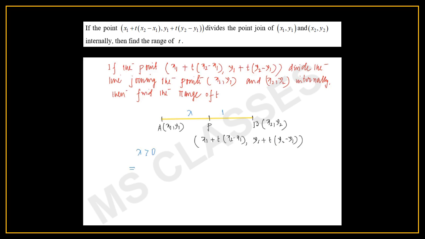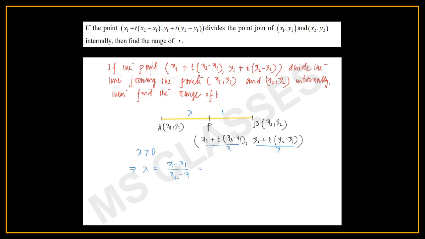So at first we find lambda. We consider this whole abscissa as x and this whole ordinate as y. According to the formula, lambda equals (x minus x1) by (x2 minus x).